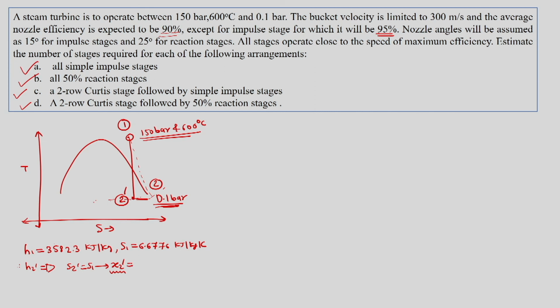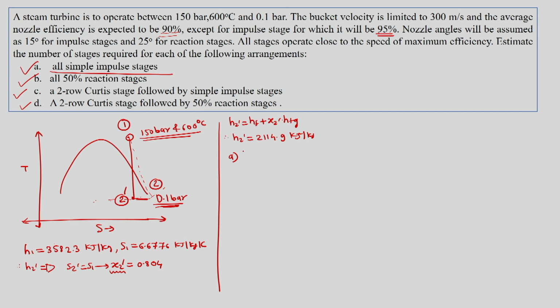That gives us X2 dash as 0.804, and we can use this to find H2 dash, which is HF plus X2 dash into HFG at 0.1 bar. So we get H2 dash equal to 2114.9 kilojoule per kg. Knowing this, we can solve the first example where all stages are impulse.